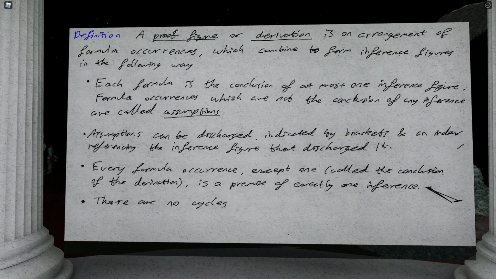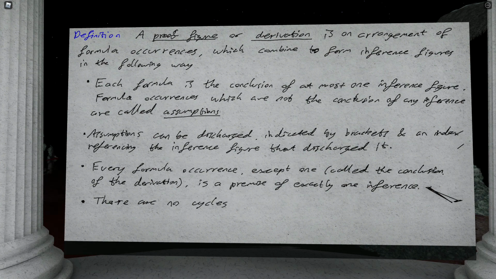Mm-hmm. The last, this could be part of this definition. The last thing is to say that all inference figures must be a valid instance of a deduction rule. But one could formulate this definition of a proof figure as agnostic to that, specifically because there are many different collections of deduction rules that you might want to take for your particular deduction system.